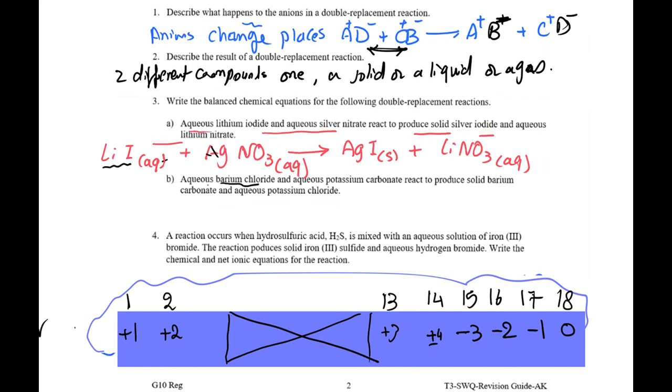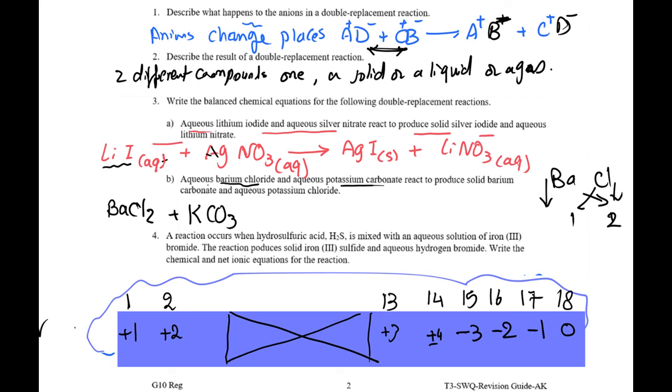Aqueous barium chloride. Barium, looking at the periodic table, is in group 2 and Cl is in group 17. So the formula will be BaCl2 plus potassium carbonate, K2CO3.